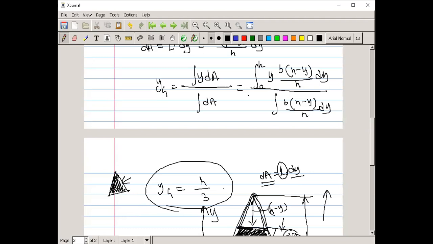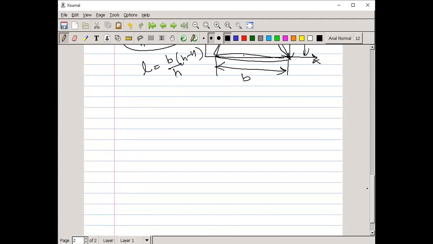Now come to another curve. Okay, so let's start. Suppose in the question, let's draw a curve first. Suppose this is your area.